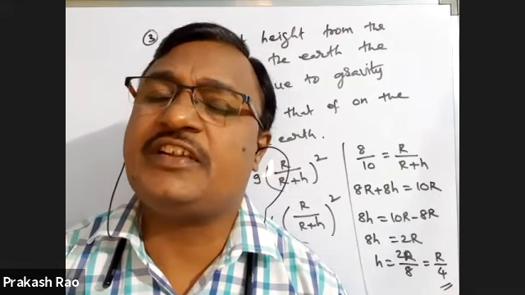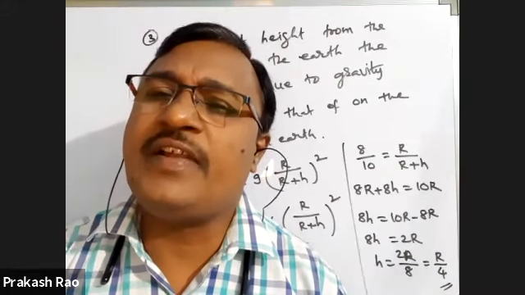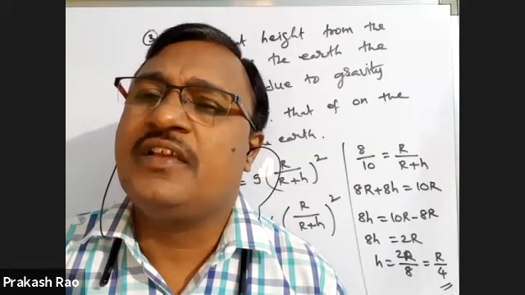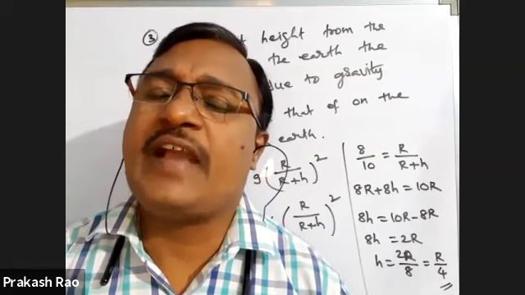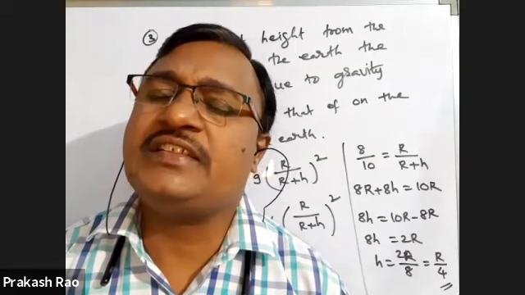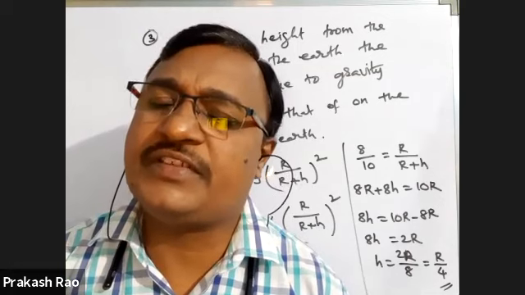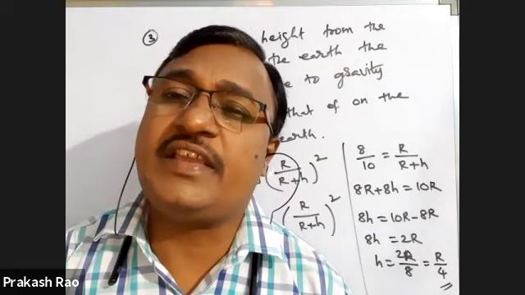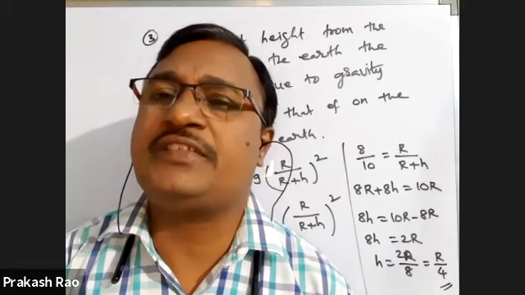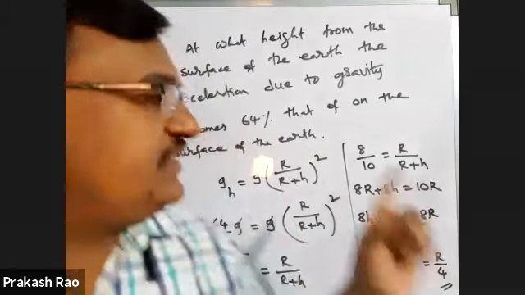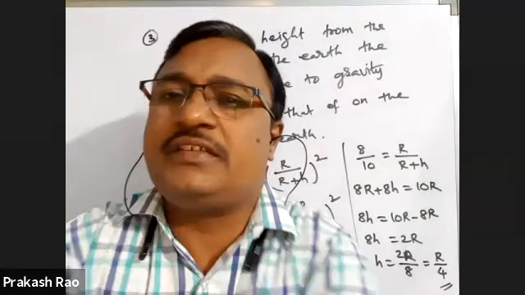Decreasing by 36% means out of 100, 36 is decreased and the remaining is 64%. Therefore, if it is asked in this way, you have to do it the same way, and you will get the same answer, my dear students.